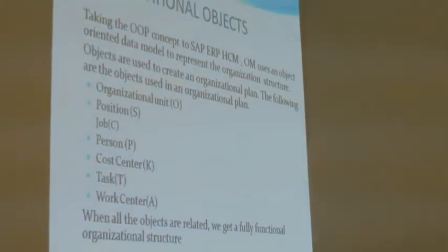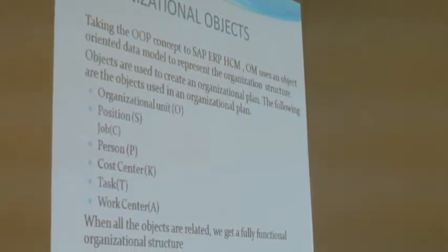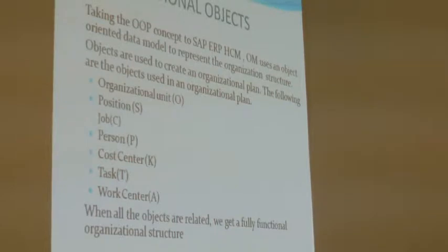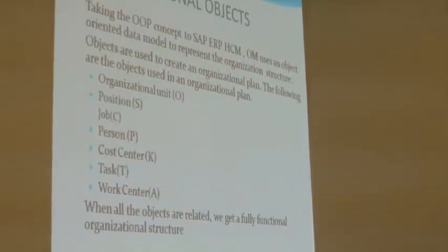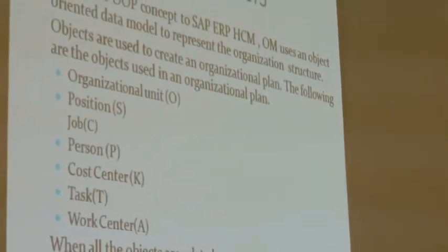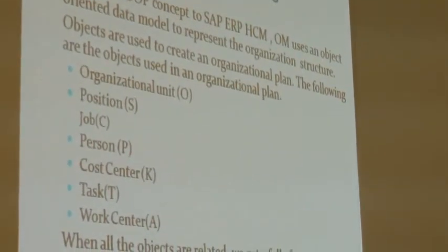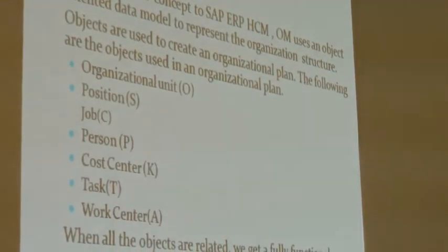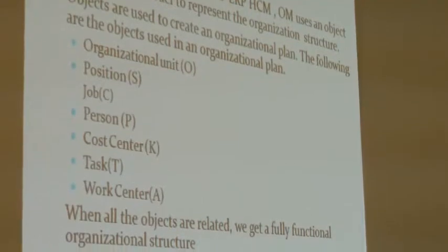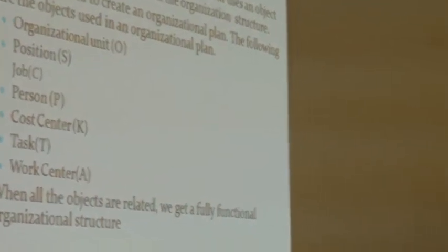They are represented by an SAP symbol. In order to create a company, we need the basic 5 or 6 objects. In my company, I'll be using 5 objects to create the Tesoro Corporation. Once these objects are created and you relate them, you get a fully functional organization structure.